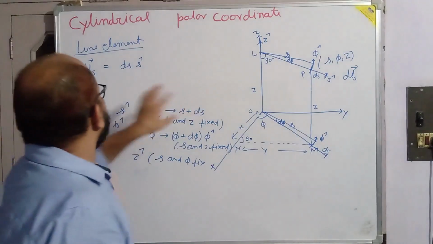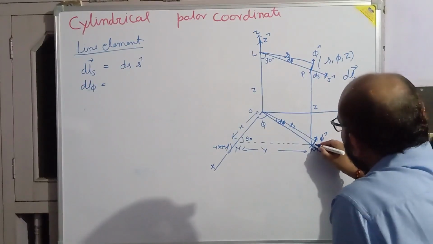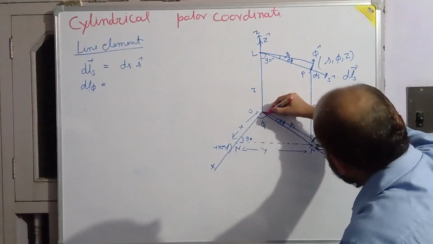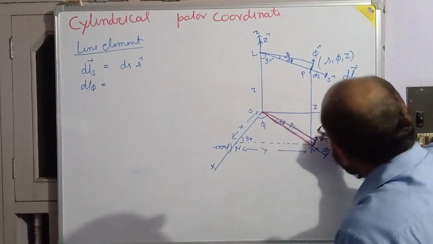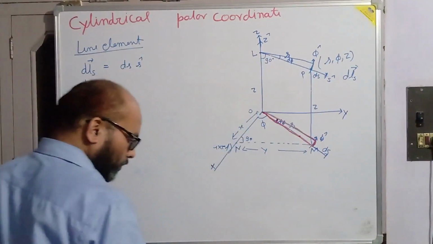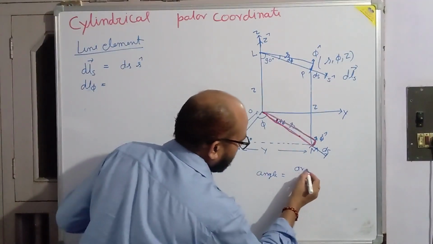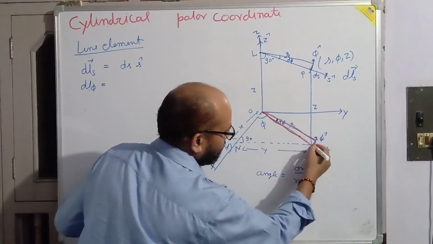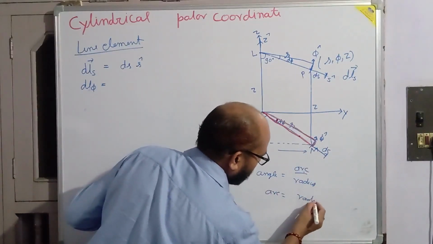In the same way, for d phi, look at this triangle. This is the arc and this is the radius, with angle d phi. We know that angle equals arc upon radius, so arc equals radius into angle.